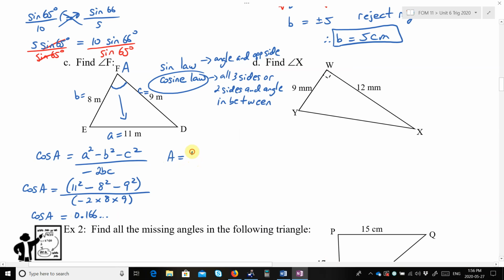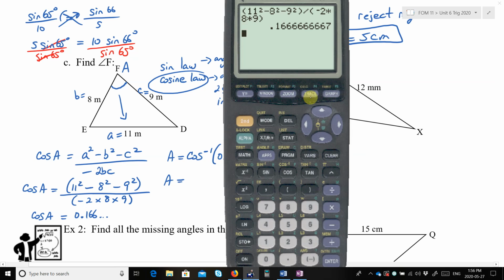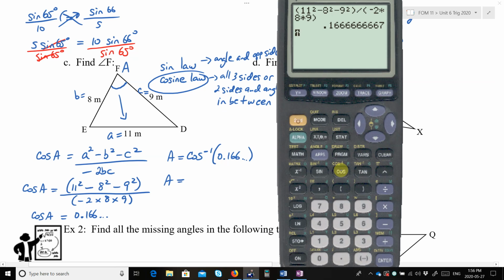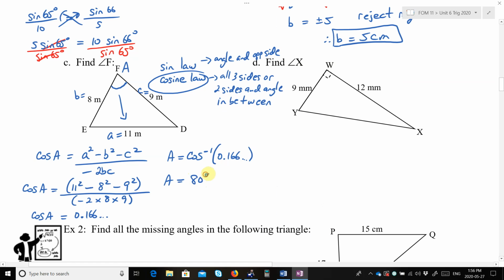And then to get angle A by itself, you do cos inverse of that side. So I am going to go shift cos, second function minus sine to put the word answer in there, and there's our angle, about 80 degrees, to the nearest degree.